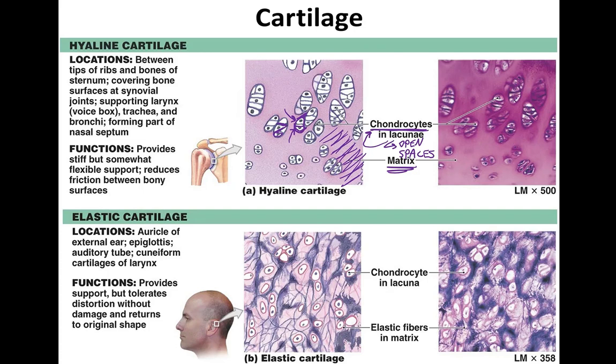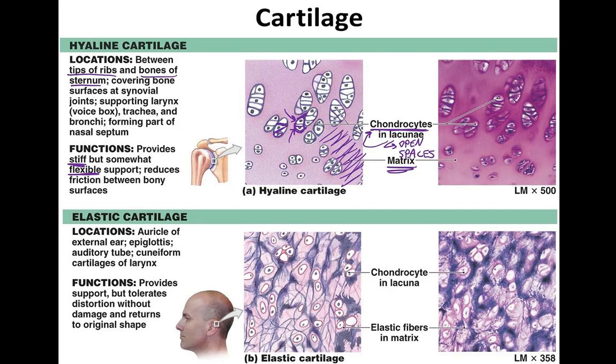Now, hyaline cartilage you find in a couple very specific places. Okay? You find it anywhere you need stiff but still somewhat flexible support. Think about where the tips of your ribs meet the bones of your sternum. Your ribs rub up against your sternum, okay?